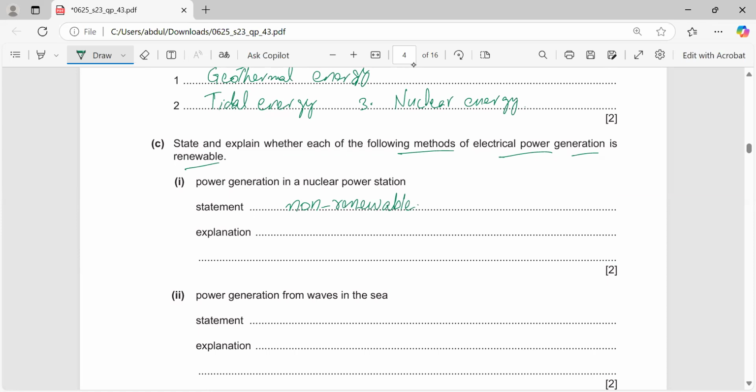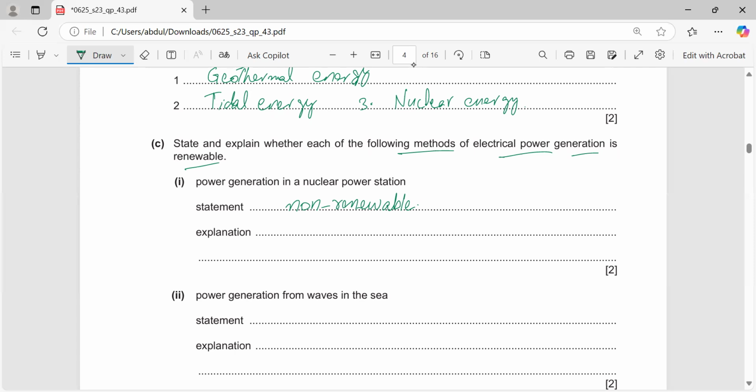Non-renewable. It cannot be replaced quickly. Uranium, you can think of, as a source, cannot be replaced quickly. Uranium or these nuclear fuels will not be available if they are continuously used.